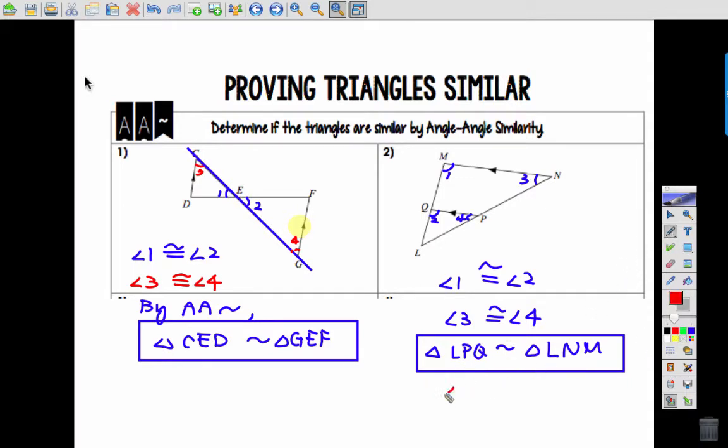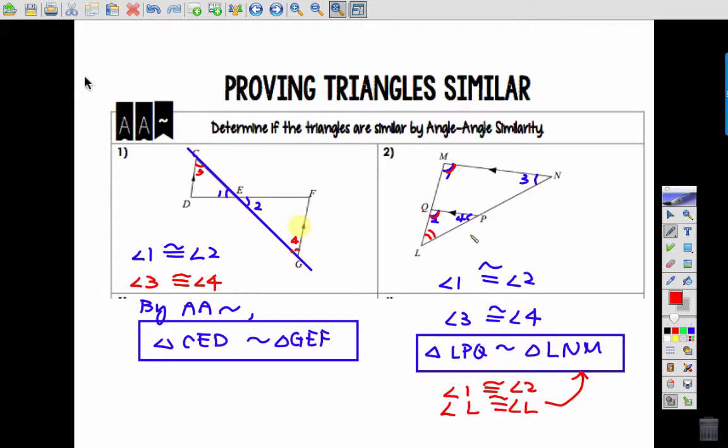Let's assume that you only saw one transversal, ML, and figured out that angle 1 and angle 2 are congruent. And then you jumped straight ahead to say angle L is the shared angle by both triangles. And angle L is congruent to angle L.